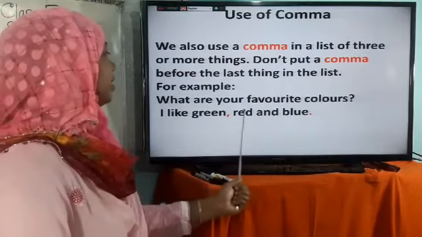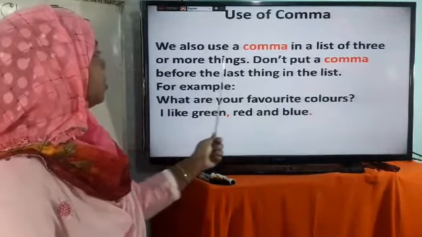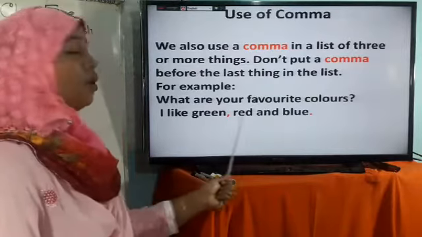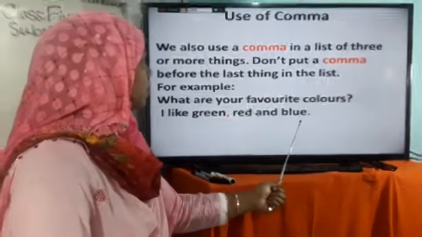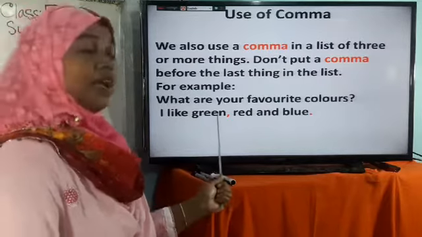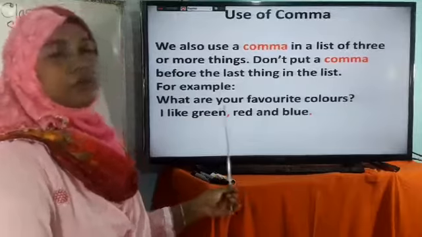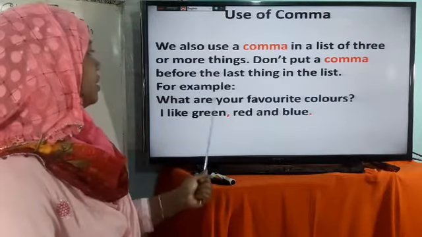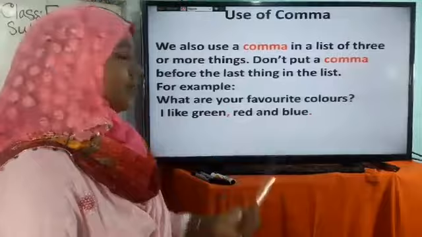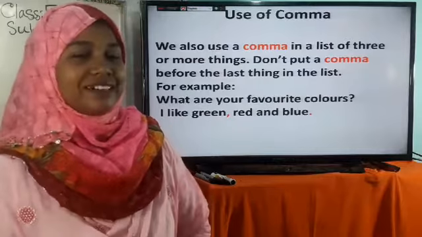I like green, red and blue. So dear student, here it says we also use a comma in a list of 3. Here the list means three colors: green, red and blue. After the first color we have used a comma, because I discussed earlier that when making a list of more than two or three things, we use a comma after the first. Before the last thing in the list I have used and, and after the first we have used a comma. So I think you can remember the use of comma which you learned in class 4.